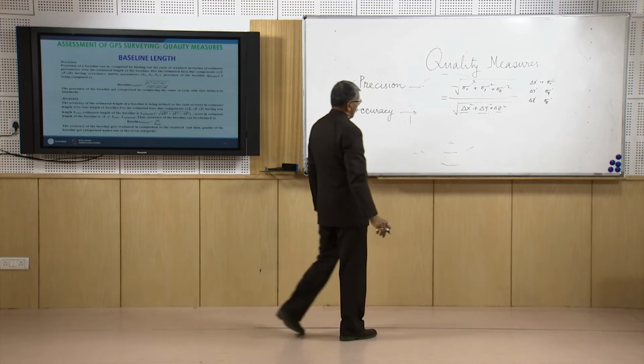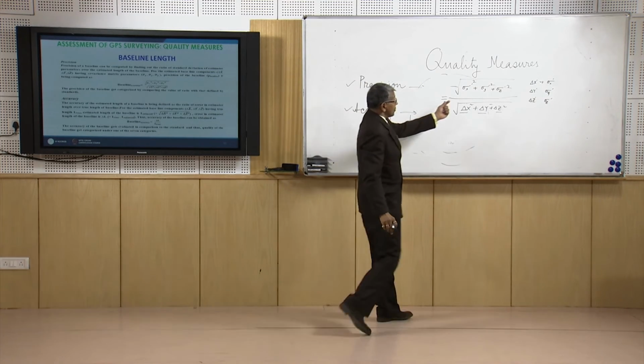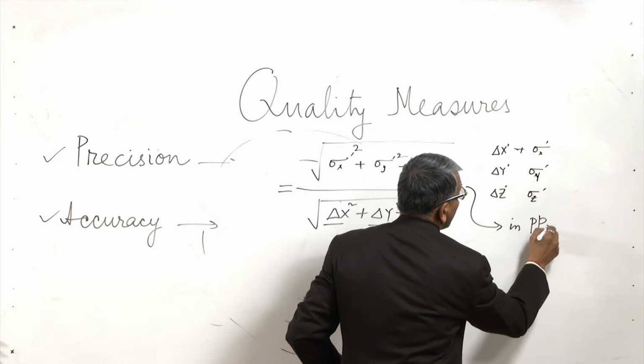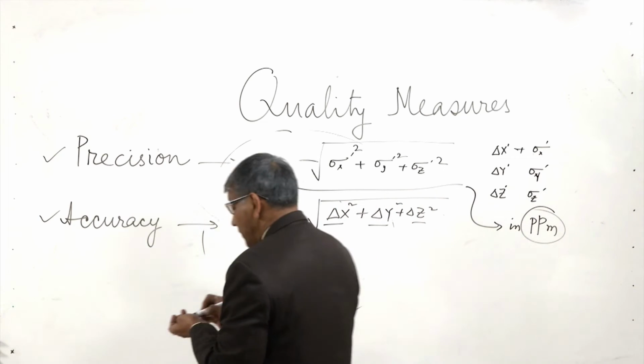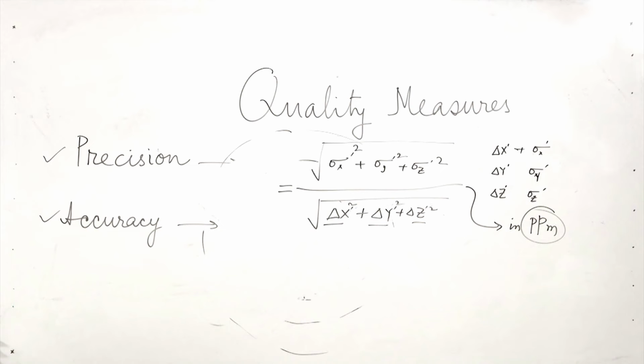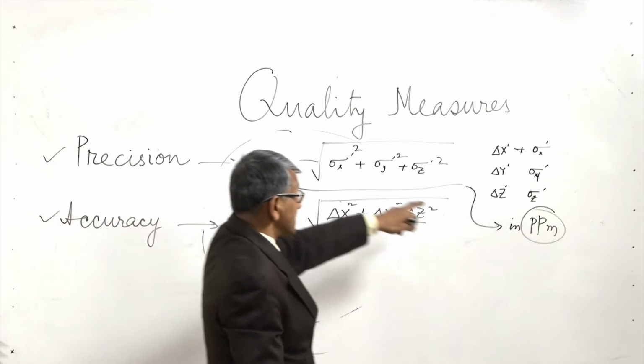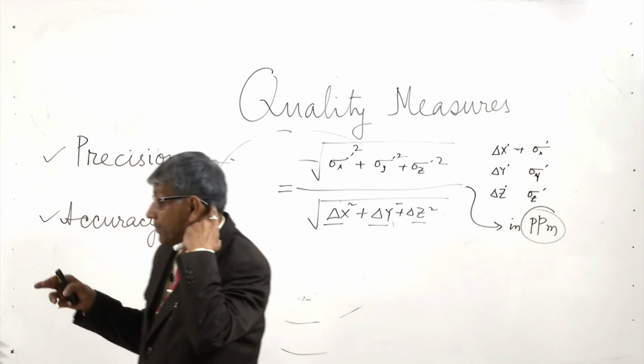Now I will get a ratio in parts per million, and if we compare this value with these standards, whatever the ratio is, from that I will be able to say what the precision standard of the measured baseline is.